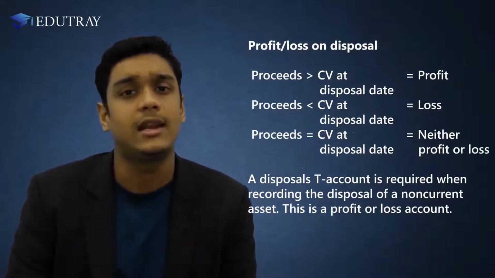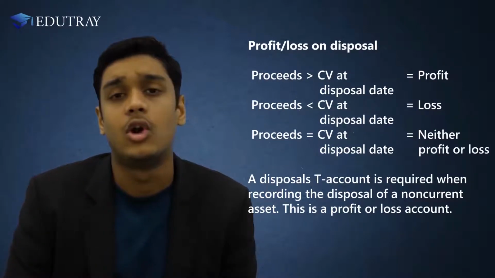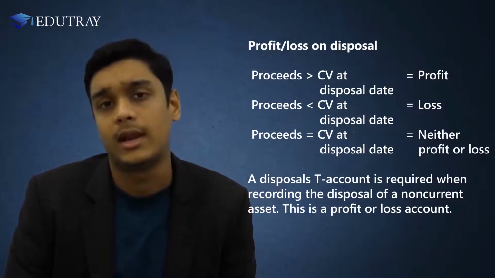So you see guys, it will not tally if I'm not accounting for everything. So the profit or loss is recorded in the income statement as an income or an expense. Simple as that. So guys, the next thing that we are going to look into is the double entry of disposal.